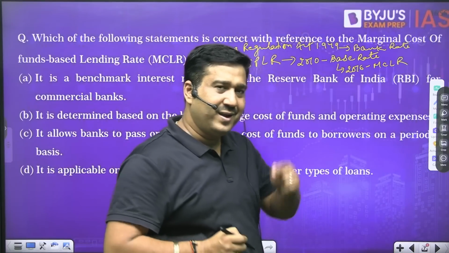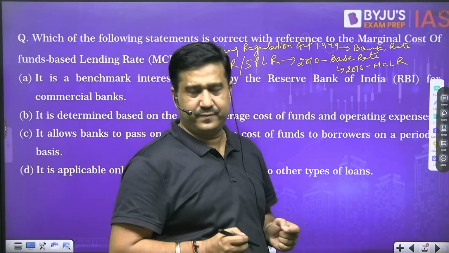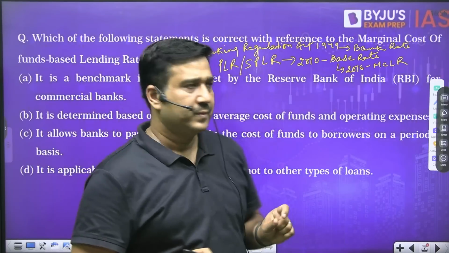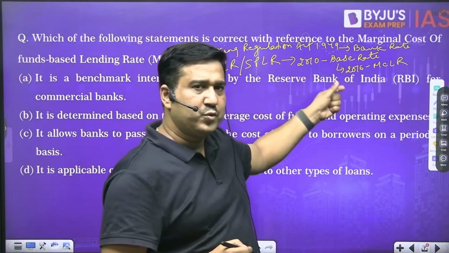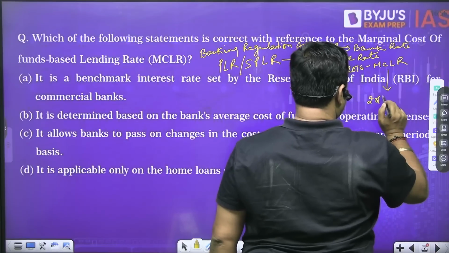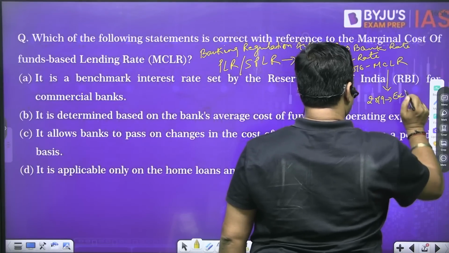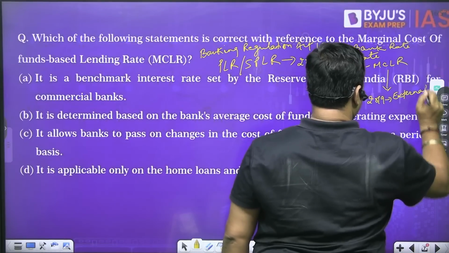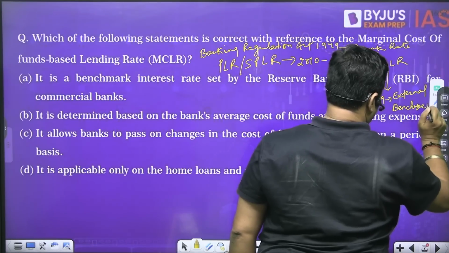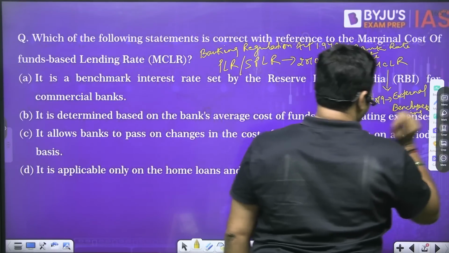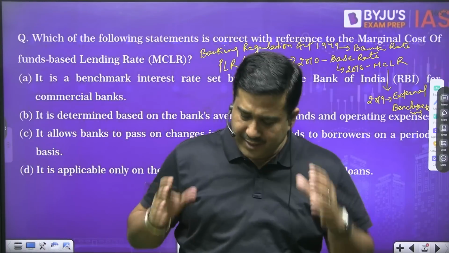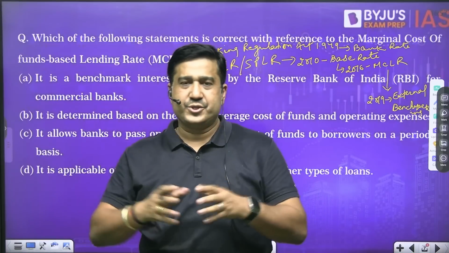And when even MCLR proved to be ineffective, I'll give you a hint how it became ineffective. But when MCLR also proved to be ineffective, then in 2019, external benchmarking came. So today, Indian banks are following the external benchmarking method.